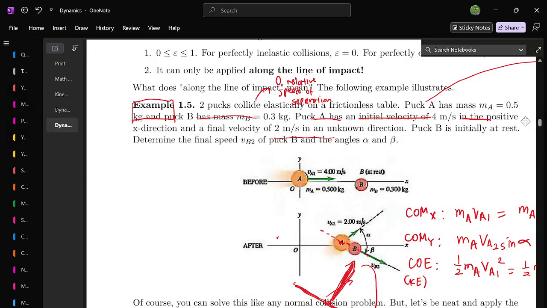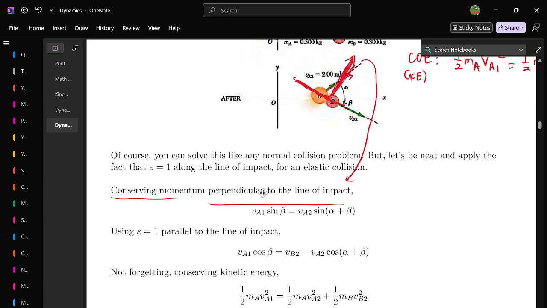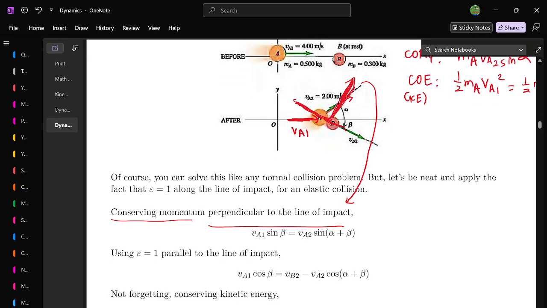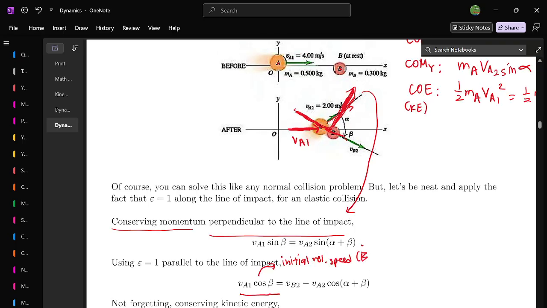By using it, I get this by just considering the relative speeds. You can draw VA1 here initially. Initially this is the relative speed because B is stationary, then this is the final relative speed.